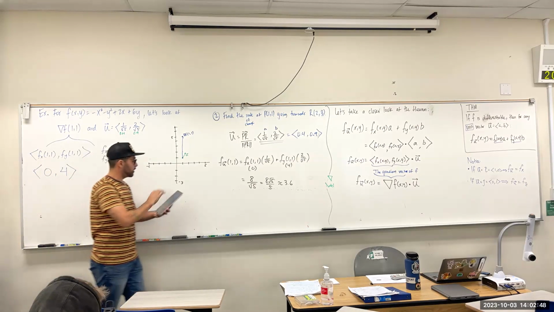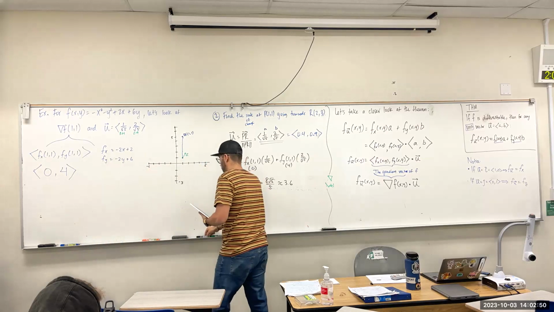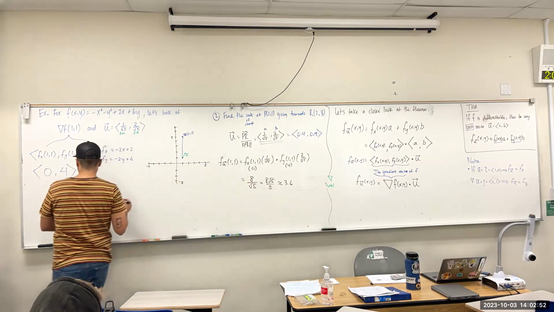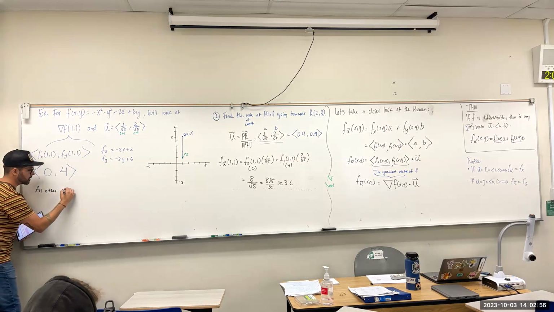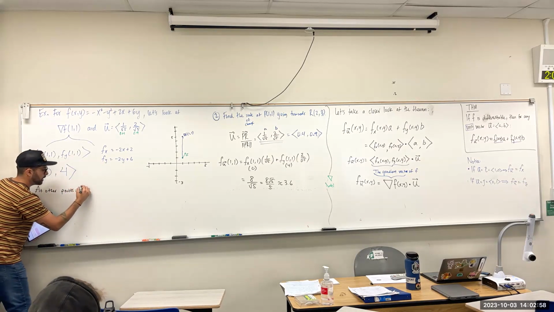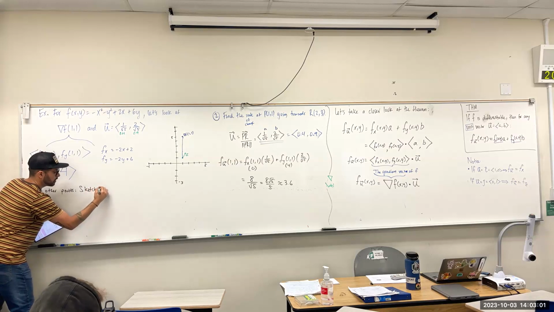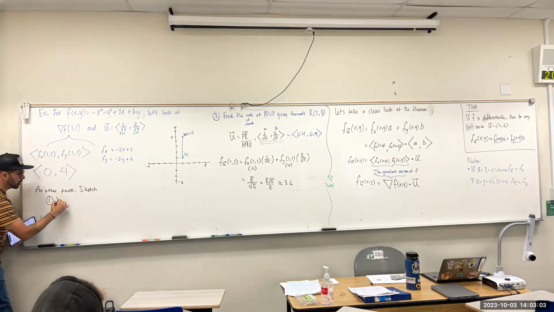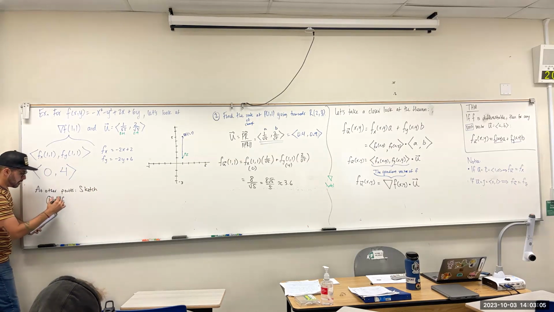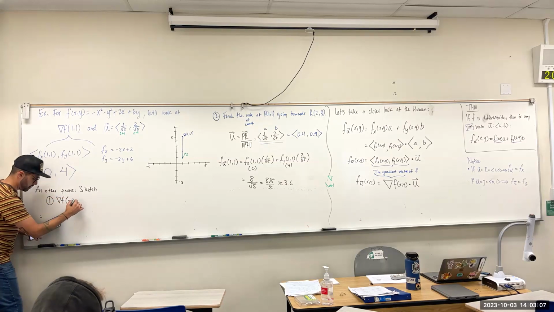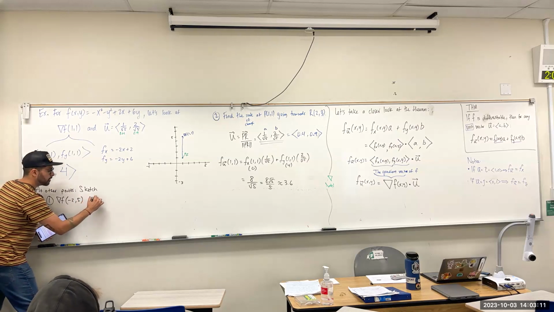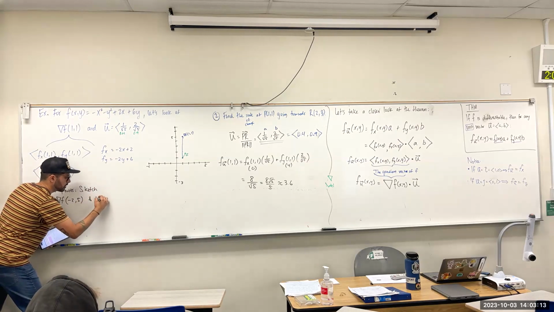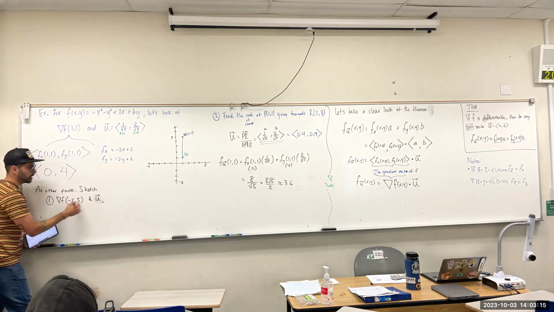So this is what I want you to do for this visual. Now I want you to do it at other points. I want you to sketch the gradient vector, but now I'm going to put another point, negative 2, comma 5. Sketch that vector and the same vector u, but sketch it at this point.